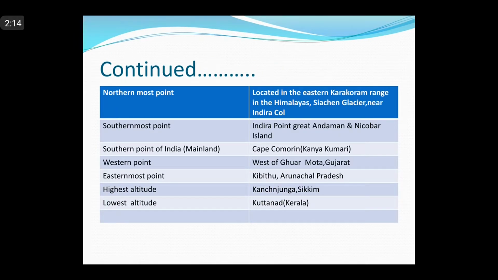Then you can also see the southern point of India, mainland. You should not get confused over here, as there is a difference between the southernmost point of the mainland and the southernmost point of India. Then western point, easternmost point, highest altitude and lowest altitude.